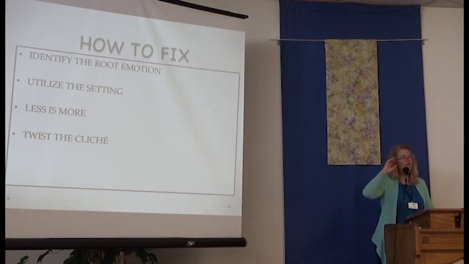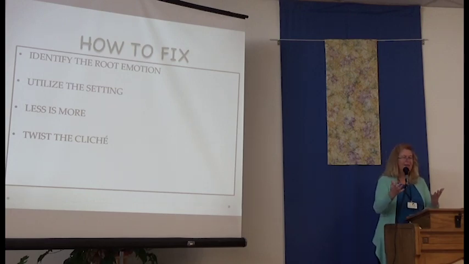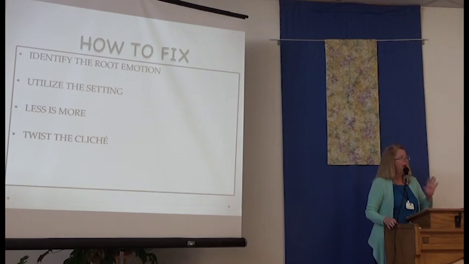Because if I were to write about, I'm going to pick on Pat again because she's sitting up front. If I'm going to write a scene and Pat's bored and she's confused and excited and hungry all at the same time, then the reader's going to get confused. And they're going to say, what? And they're going to close the book. You don't ever want to give the reader an opportunity or a reason to close your book, ever.